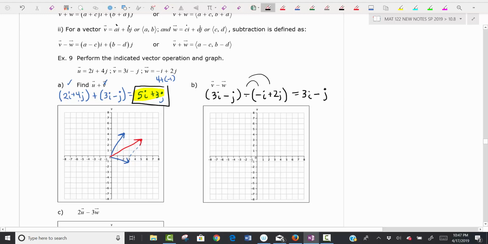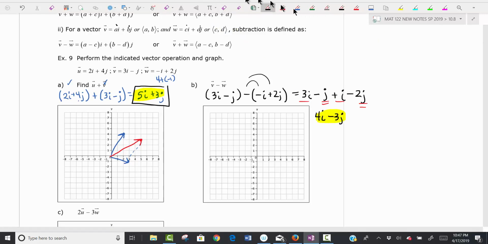That's changing those signs. So that'll be minus minus i, so that becomes plus i, and then minus 2j. If you put together the like terms, the i's go together and the j's go together. When you do that, you would have 4i and minus 3j. So the answer to that vector subtraction is that.